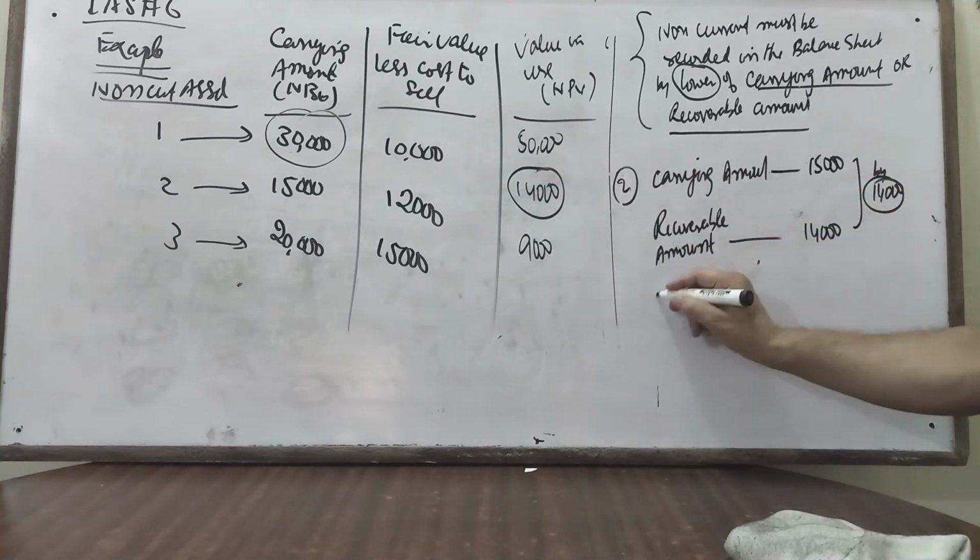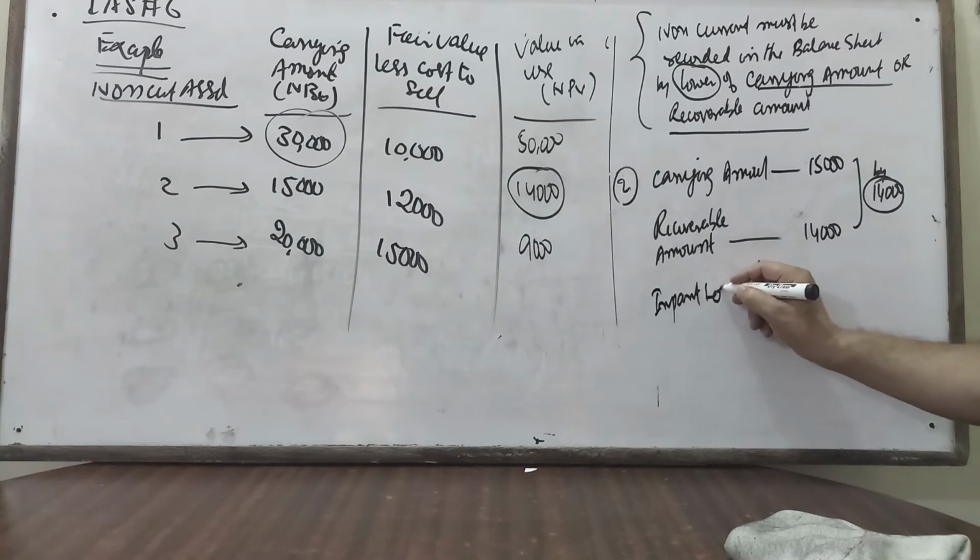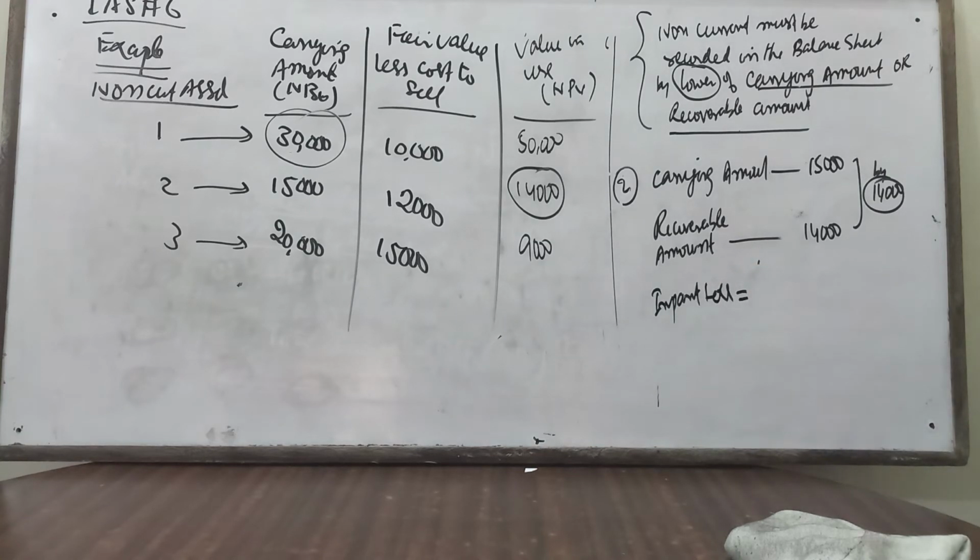And there is impairment loss. What is impairment loss? When the carrying amount is more than the recoverable amount. Carrying amount minus recoverable amount, a loss of 1,000. Impairment loss, because the recoverable amount is 1,000 less than the carrying amount.